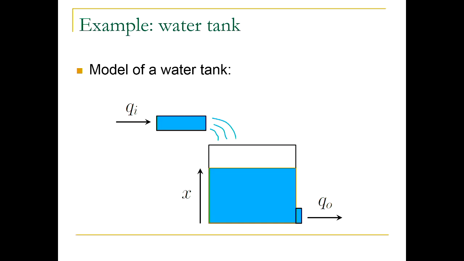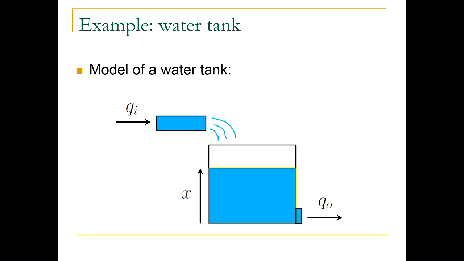Let's look at some examples. So if I have a water tank and I pour water into it, and there's some water flowing out of it, the level of water or liquid in the tank will change. So let X denote the level of water in the tank. Well, depending on how much flows in, if more flows in, the level would rise.